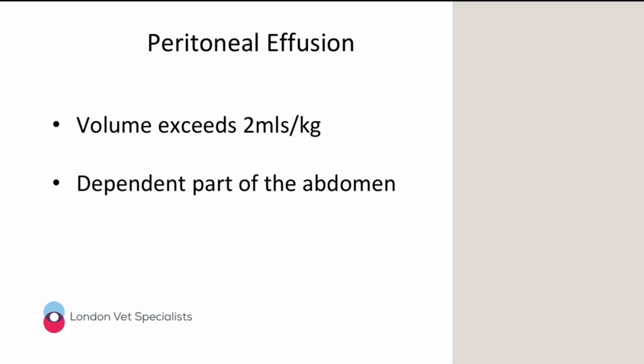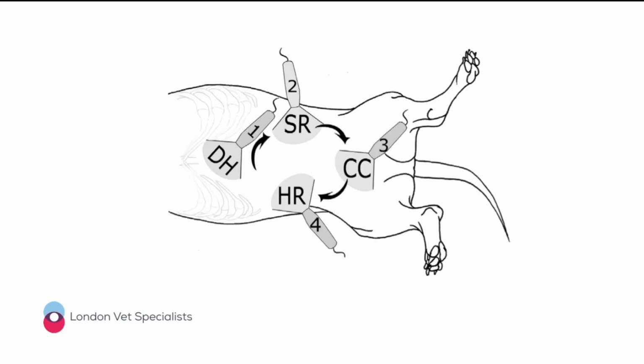Coming back to the AFAST examination, fluid will always form in the most dependent part of the abdomen. And that's the place that you guys should be looking predominantly. So this is another illustration of how you perform an AFAST examination. So really the region that you guys need to be concentrating on is region 4.